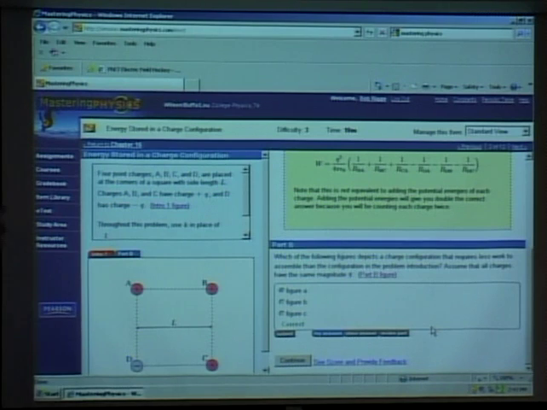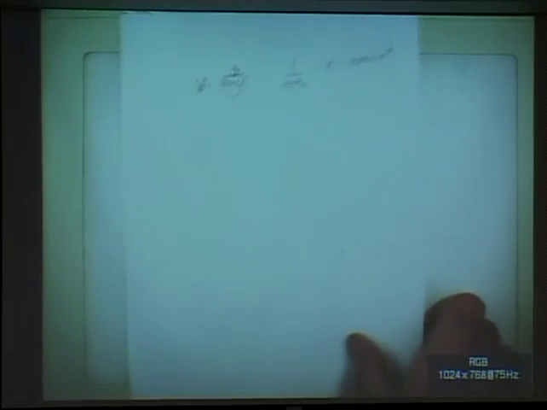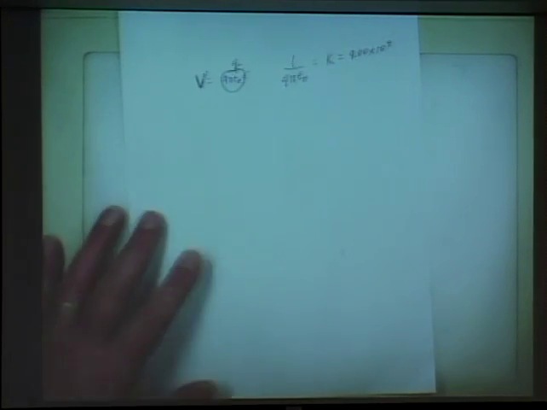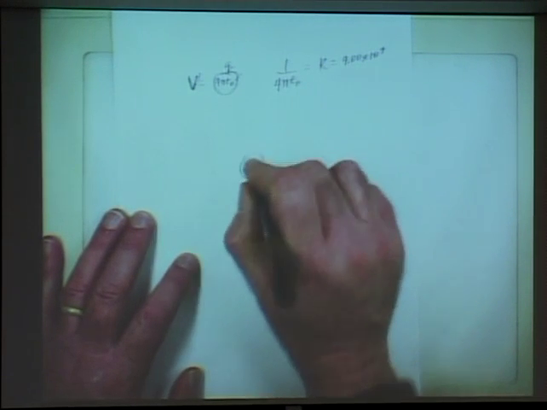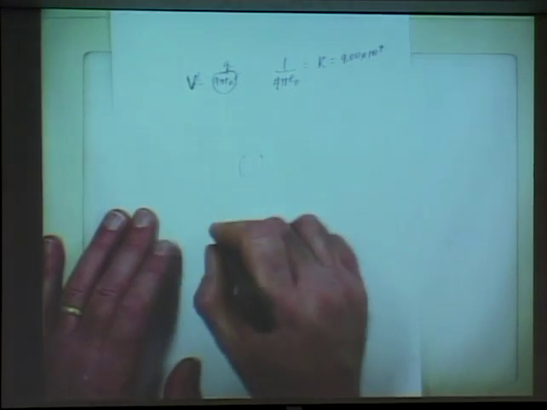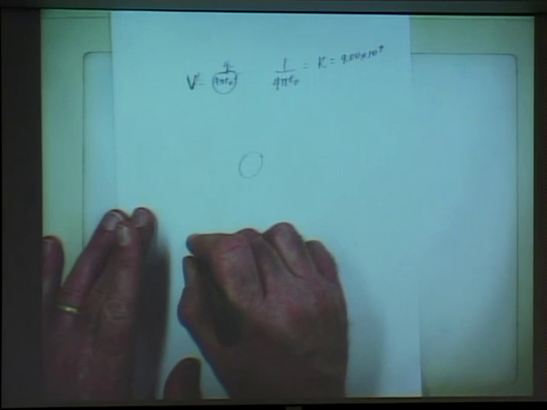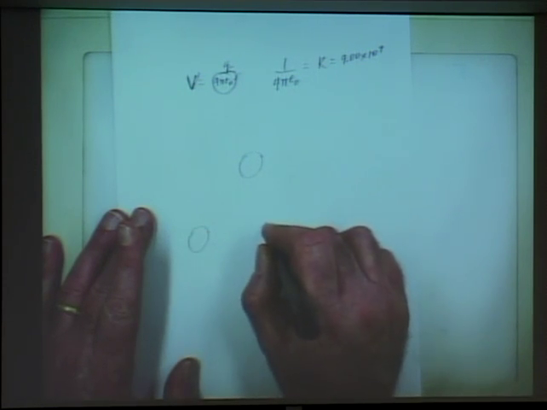All right, last thing. I'm just going to go straight to the document camera on this one. You're going to get a problem that looks like this. You're going to have equal charges. Actually they're going to be different charges, and they're not even all going to be positive.